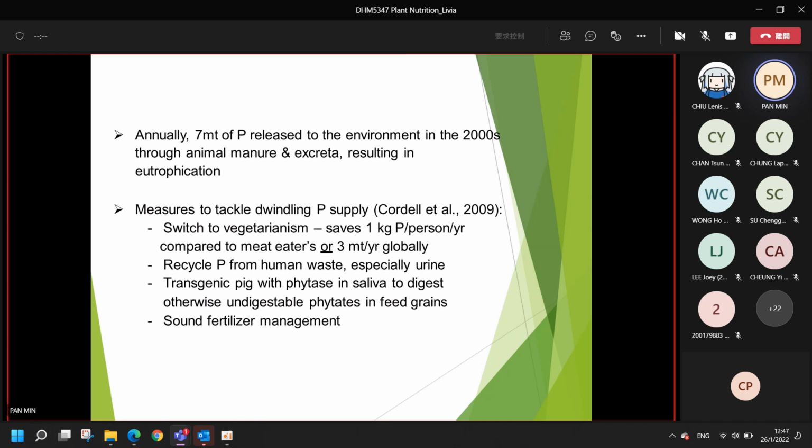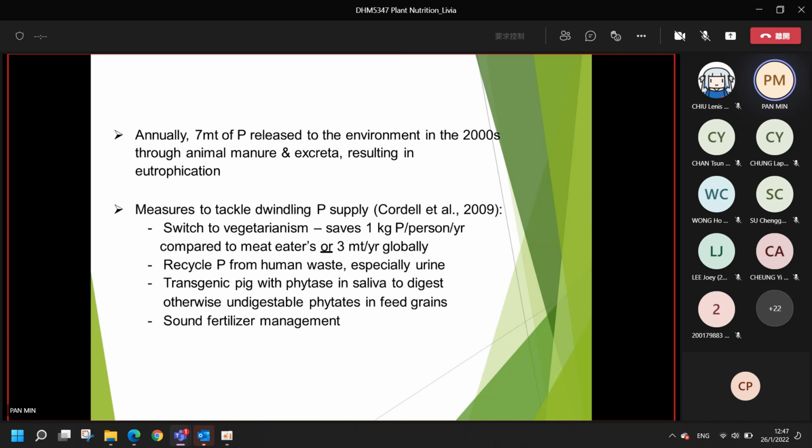And another measure is to recycle phosphorus from human waste. This part is also very difficult to do, because there are some pathogens. If you need to reuse it, you need to think about how to remove the pathogens and how to make it a useful biosolid.